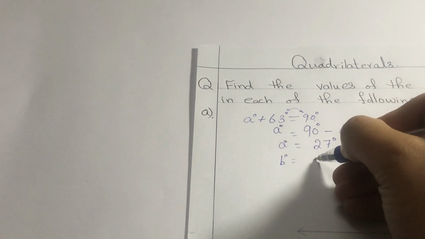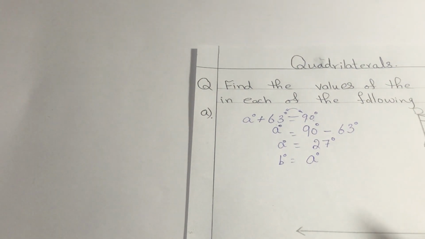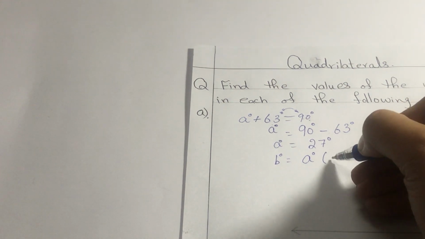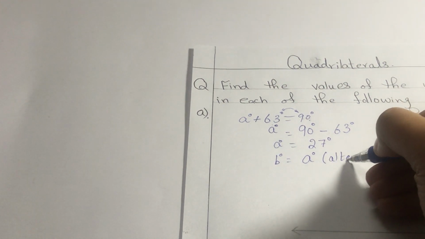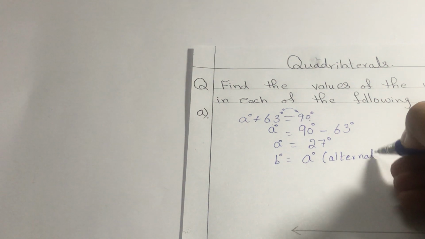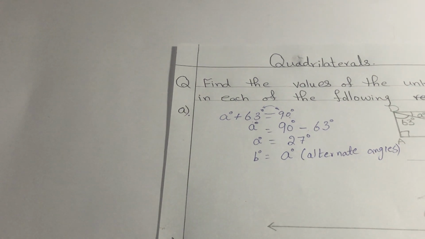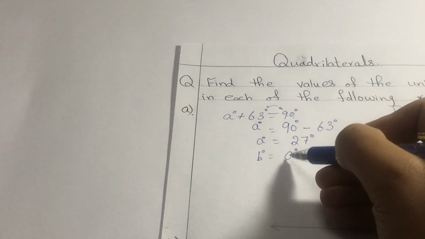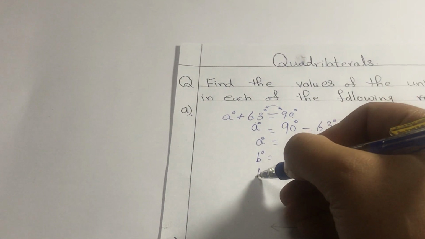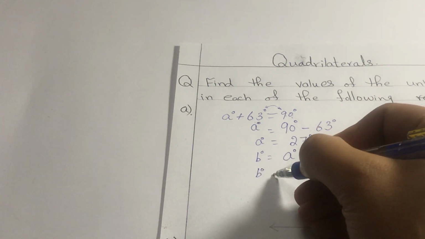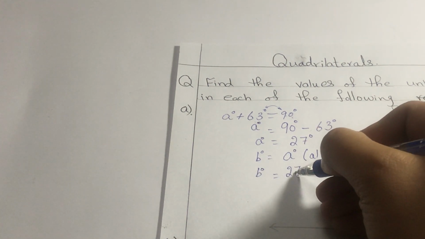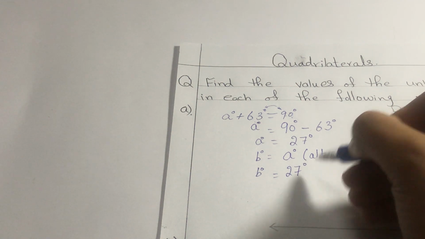B degrees would be equal to A degrees because these two are alternate angles, right? If A is equal to 27 degrees, then obviously B would be equal to 27 degrees.